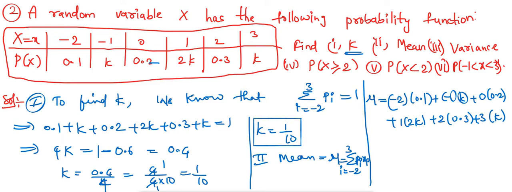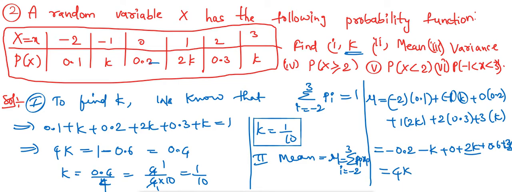It is equal to minus 2 into 0.1 is minus 0.2, minus 1 into k is minus k, plus 0 into something is 0, plus 1 into 2k is 2k, plus 0.3 into 2 is 0.6, plus 3 into k is 3k. Here plus 3k plus 2k plus 5k minus k, that is plus 4k.